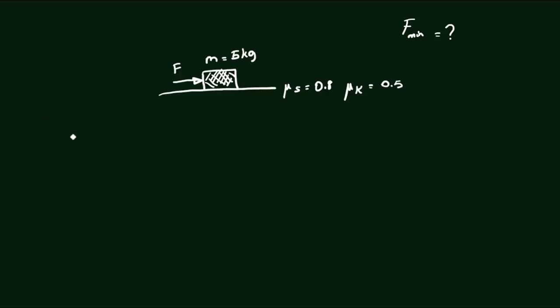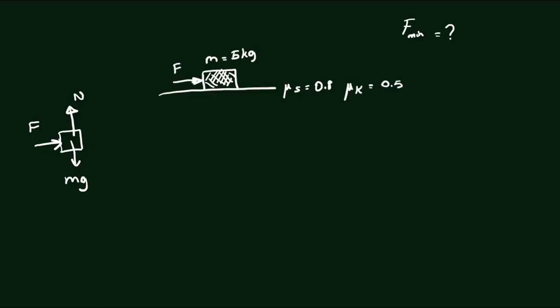We always start out by drawing a free body diagram. Let's see how we include this friction force in our free body diagram. This block has a mass m, hence it has this gravitational force on it, that is m times g. It's sitting on a horizontal surface, so there is the normal force from the surface. We're pushing the object with force F, a horizontal force.